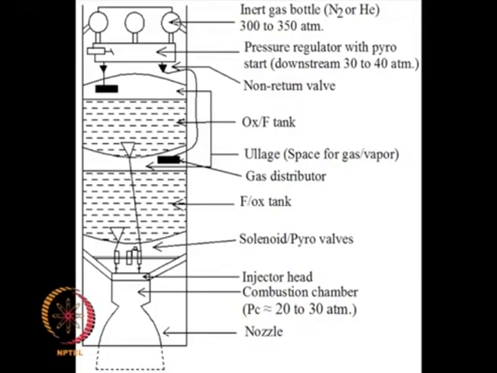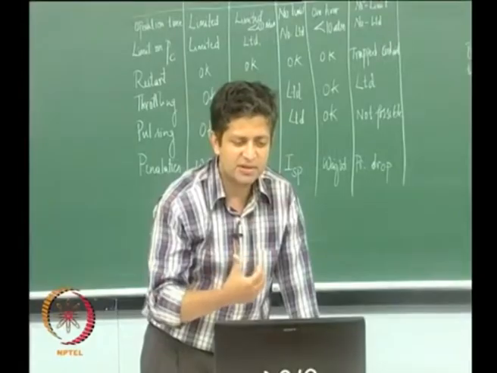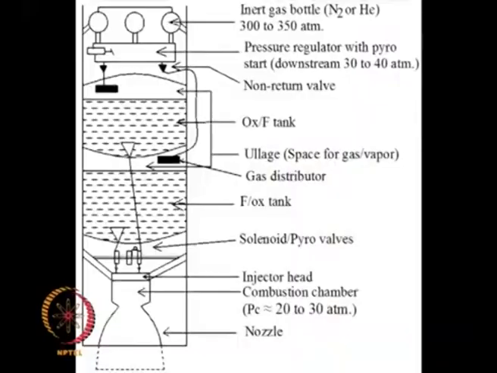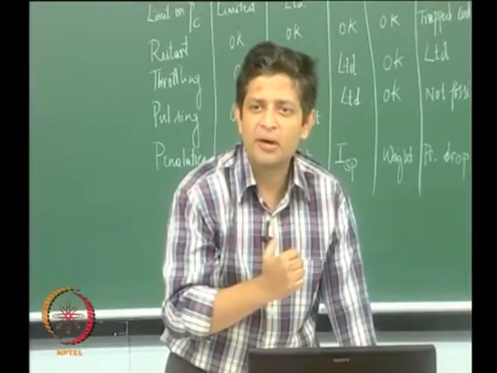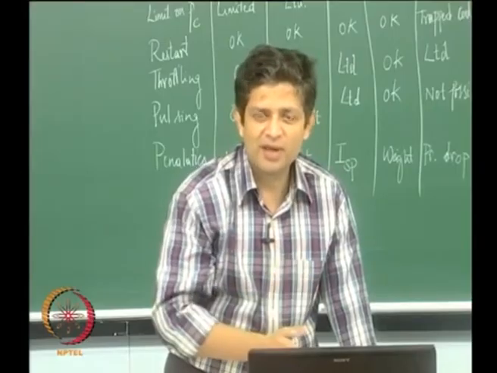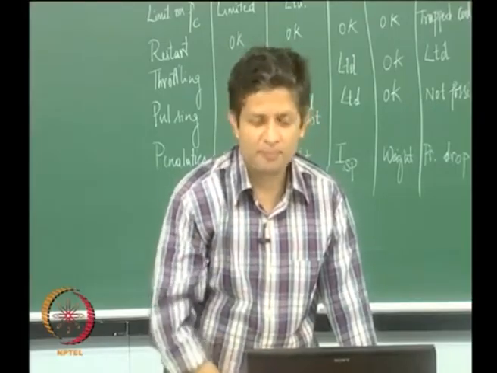what we are essentially going to do is, when we are asked to design the pressure fed system, try and design the size of the gas bottle. What is the size of the gas bottle that we need to carry, and at what pressure, so as to have a chamber pressure of a certain value, okay, fine, and for a burn time.